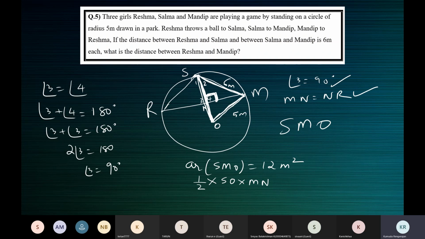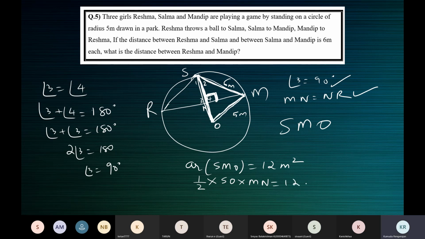A triangle can have only one area. When you have a lot of information, you use different formulae, you cannot get different answers for the area of the same triangle. Whether you use half base into height or Heron's formula or some other valid formula, all the formulae will give you the same answer because it's the same triangle whose area you're trying to find. So half base into height also will give us the same answer, 12.